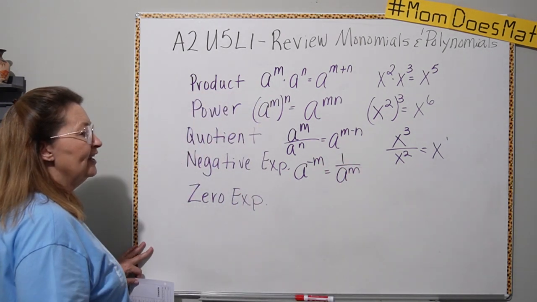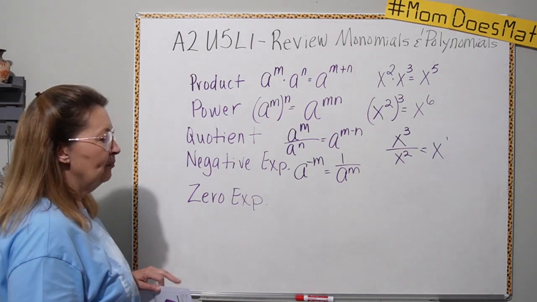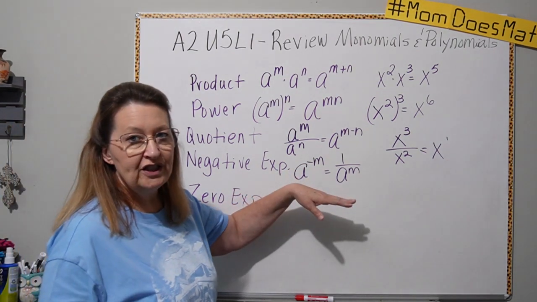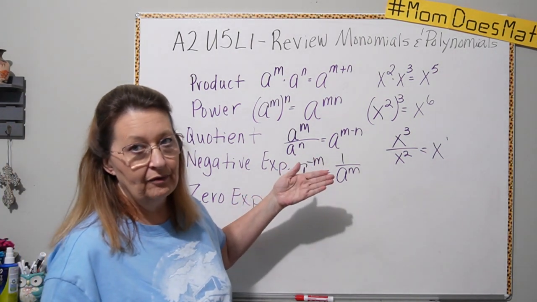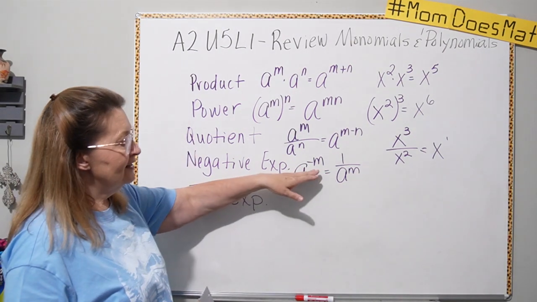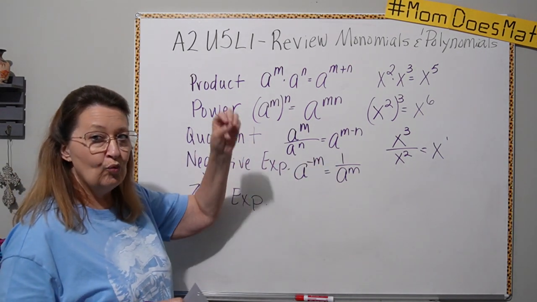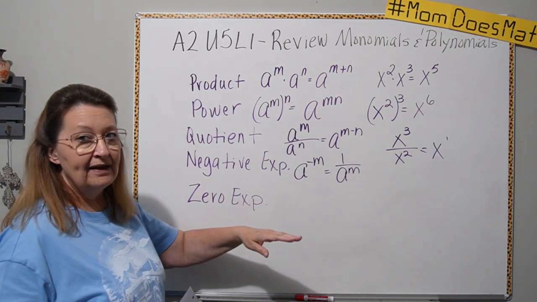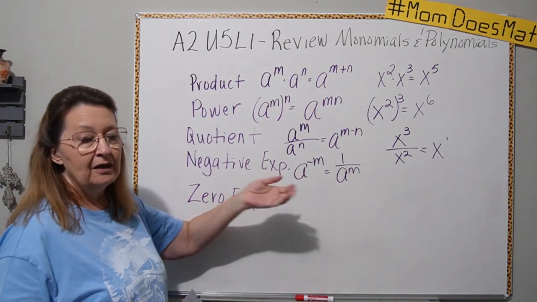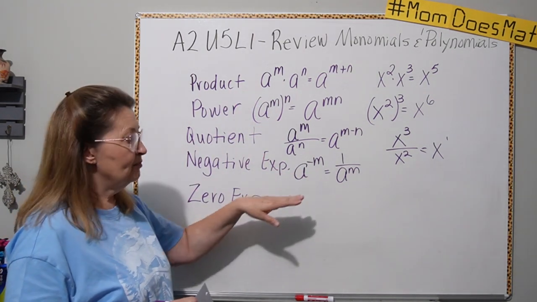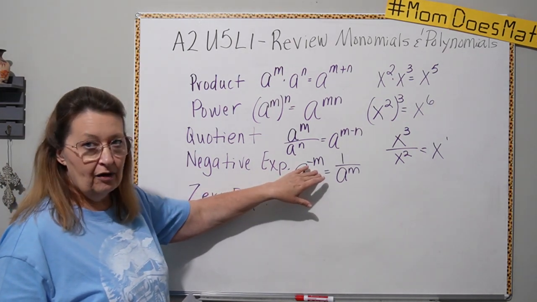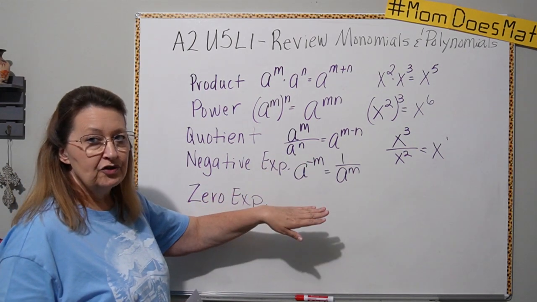Now, what a negative exponent means is that number is unhappy on whichever side of the fraction bar it's on. So if you have a to the negative m, that's 1 over a to the m. But if you had 1 over a to the negative m, then you'd still flip it. Whichever side of the fraction bar that negative exponent is on, you move it to the other side and then you make it positive.